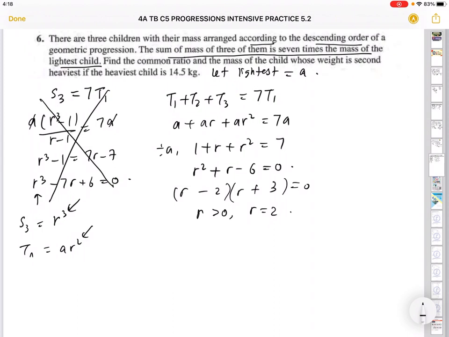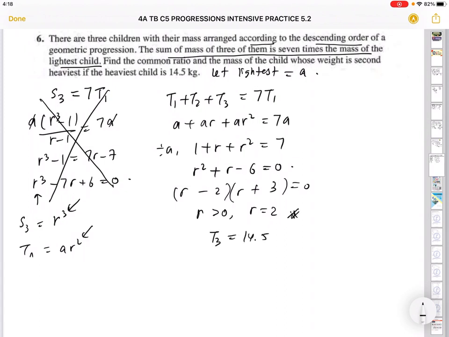You understand descending? Descending means they're getting lighter and lighter. If they're getting lighter and lighter, your common ratio should be less than 1, between 0 and 1 to be exact. Now, they say find the mass of the child whose weight is the second heaviest if the heaviest child is 14.5. So the heaviest child is T3, which is 14.5. To find T2, what do we do?